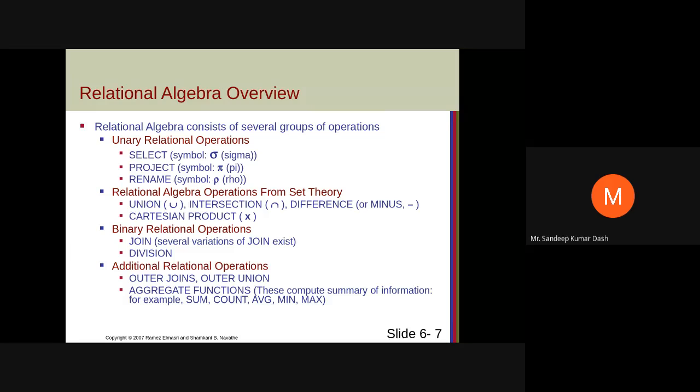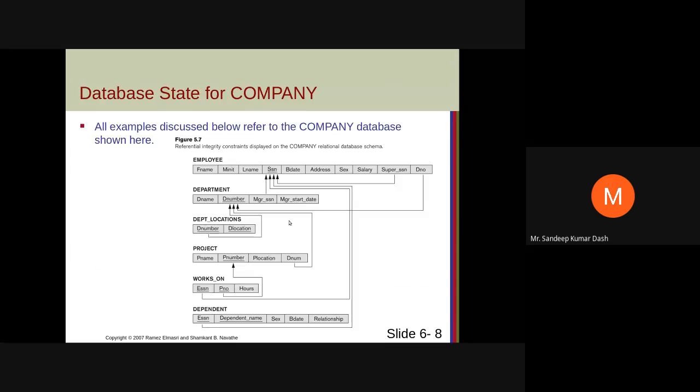So rename is for renaming the relation, project is for selecting the columns, and select is for selecting the rows. Then we will come to union, intersection, and all. The examples should be based on this particular schema.